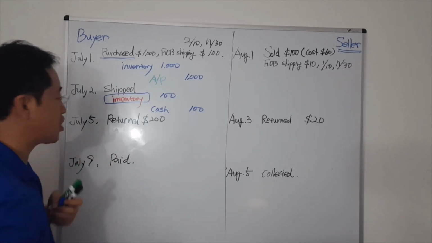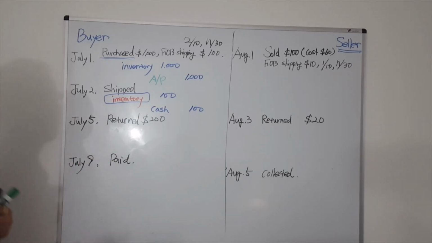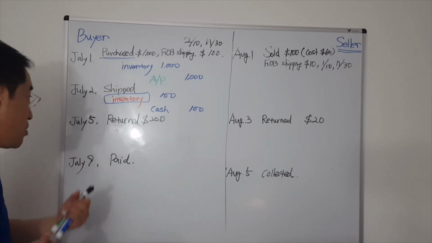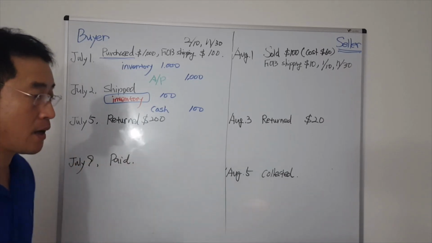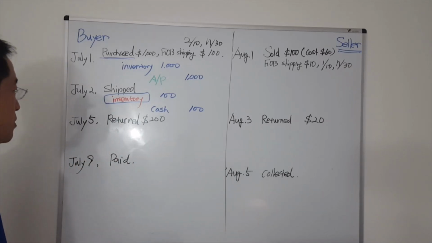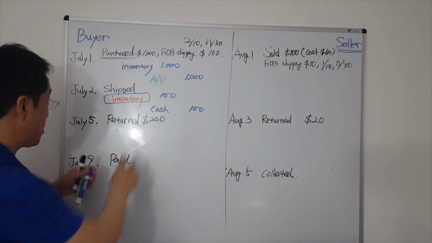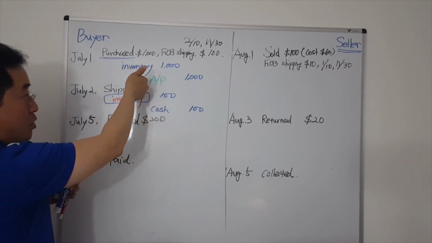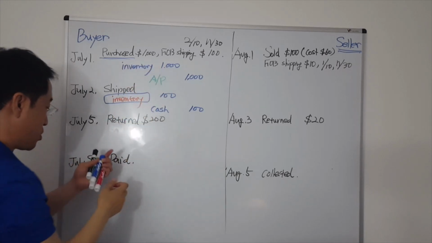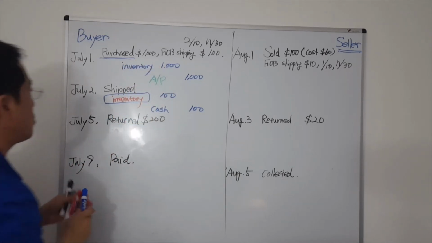July 5th, returned. As a buyer, I'm not satisfied with the product that I purchased, and I ask to return. So, how do we record? Reverse entry, the reverse of the purchase.